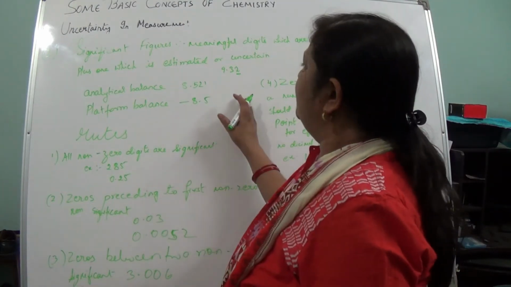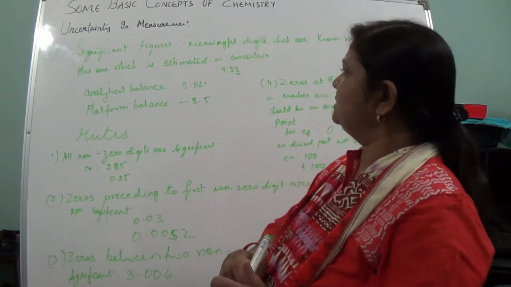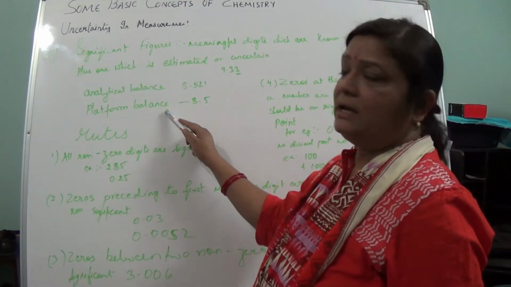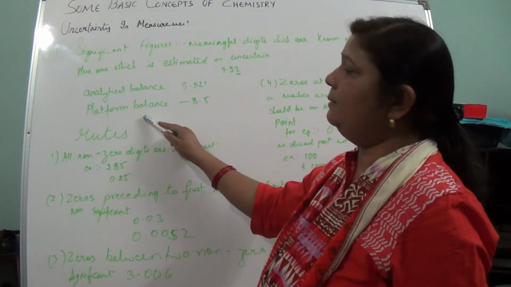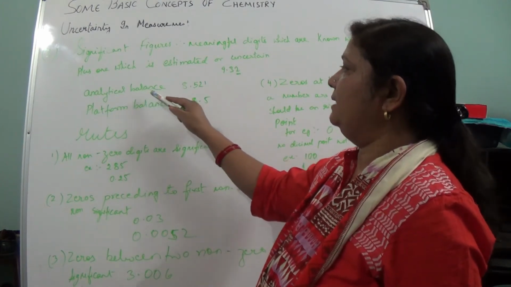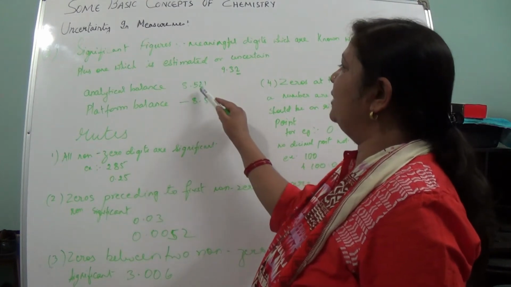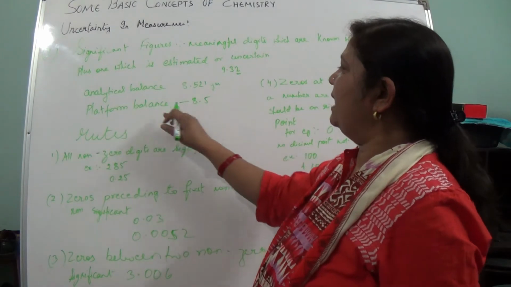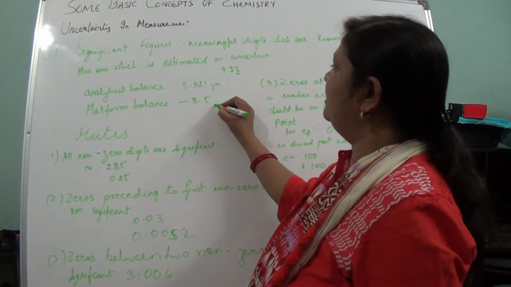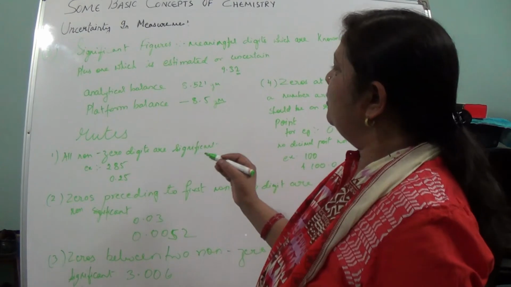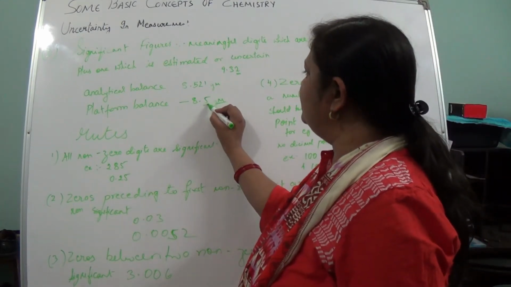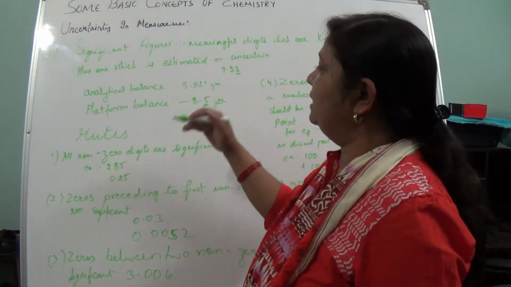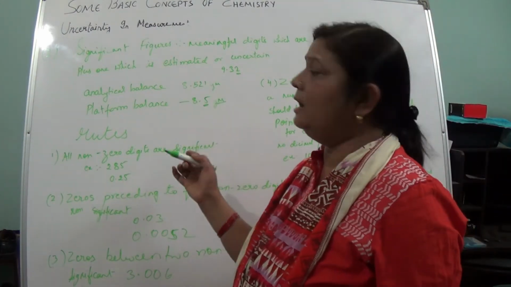Here, if you see two types of balance in chemistry, the analytical balance and the platform balance, the analytical balance gives more accurate readings than the platform balance. Like with the analytical balance, we get 8.521 grams, while with the platform balance we get 8.5 grams. Here the digit 5 is uncertain in nature.